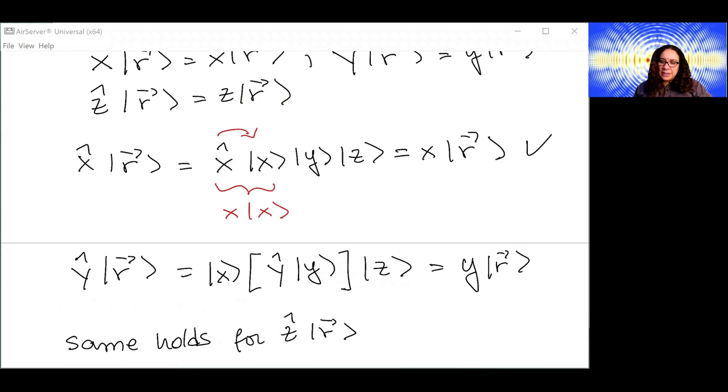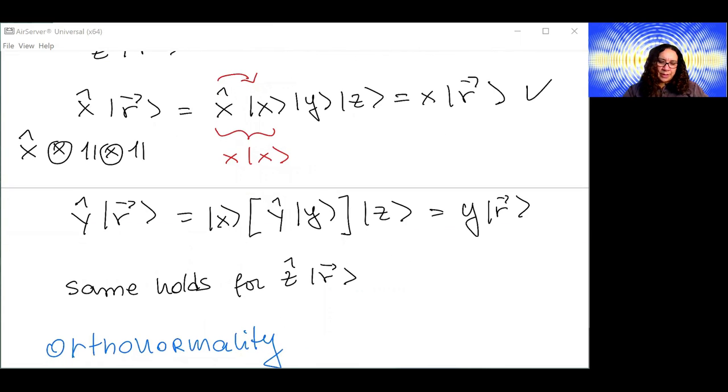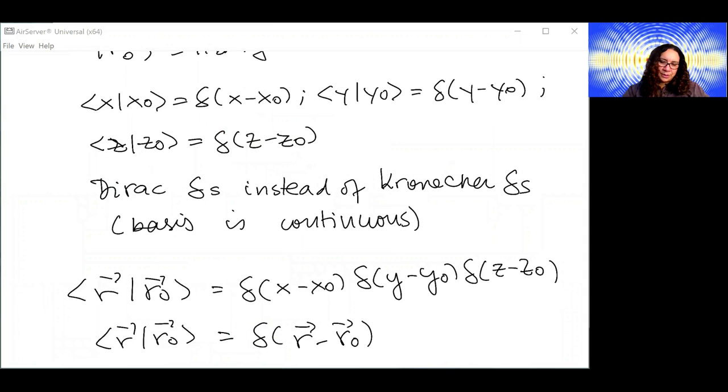We wrote it quickly because you should know what you're doing, but this you could write as X identity, or you could even write here as well, identity Y identity. It's just because we were doing this very quickly and you are expected to know at some point what you're doing.